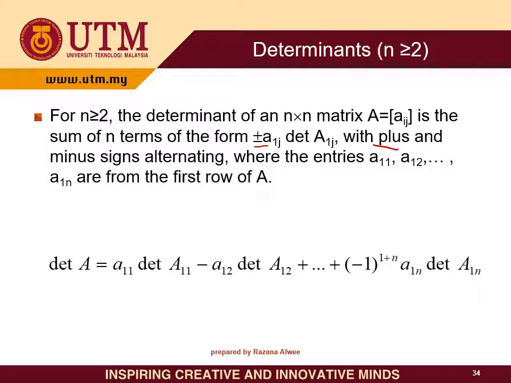Alternating means plus and then minus, plus and then minus. I will show this later. The entries A11, A12 and so on are from the first row of A. It's okay if you don't understand, we will go to the example later. This is the equation.